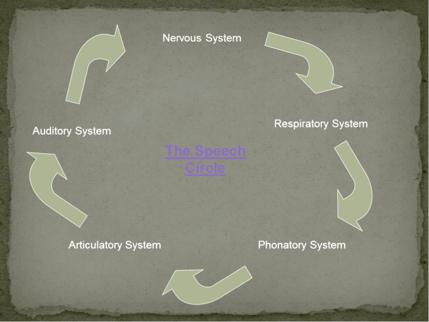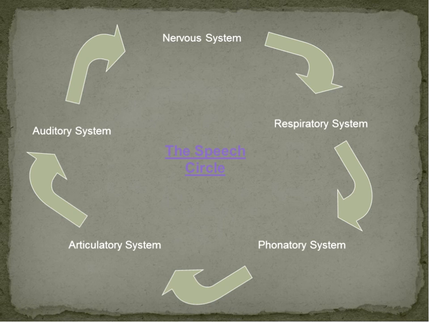Its function is to provide power or air pressure to set your vocal folds into vibration, which is part of the phonatory system. When your vocal folds are set into vibration, they produce a sound that is transmitted through your articulatory system, which is your throat or pharynx, oral cavity and nasal cavity.